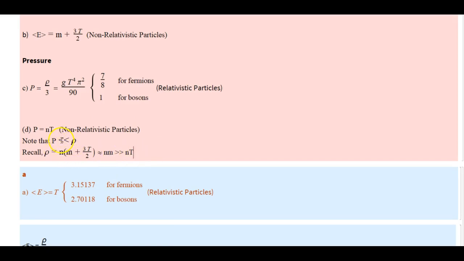Therefore, rho is much higher than pressure. So for non-relativistic particles, pressure is almost negligible compared to density.